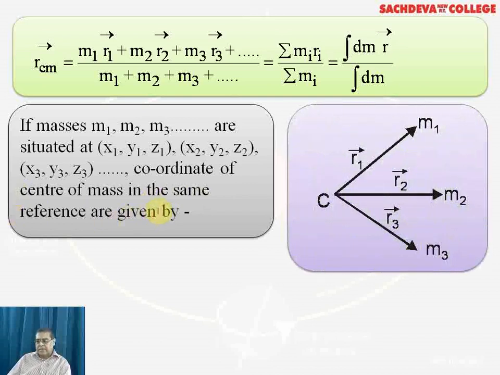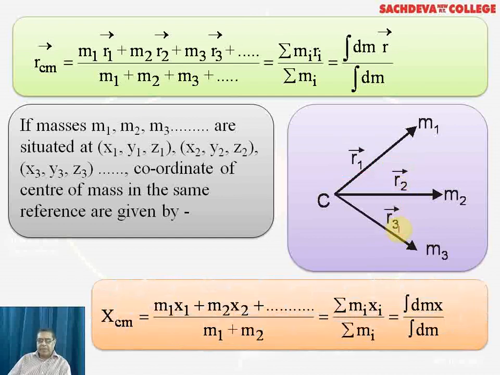Now the figure is given. m1, m2, m3 are the masses, C is the center of mass, and r1, r2, and r3 are the position vectors of m1, m2, and m3.